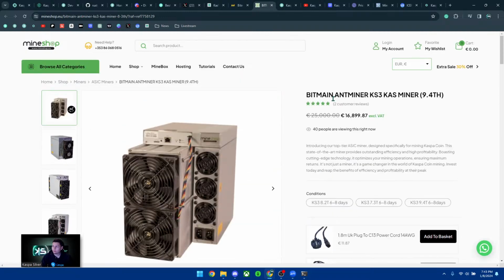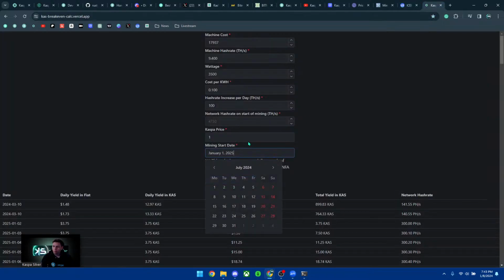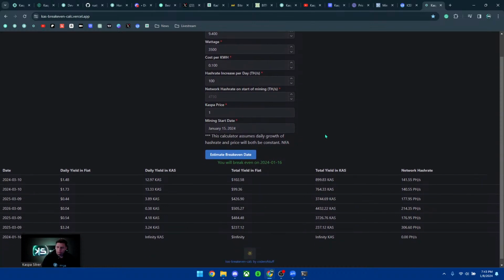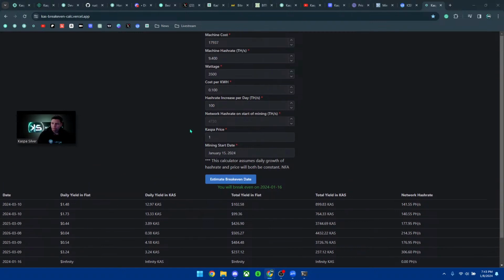So let's say you get it a week from now. That means you get it January 15th. All right, let's see this. The network hash rate at the start of mining.